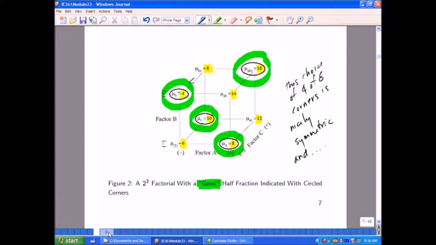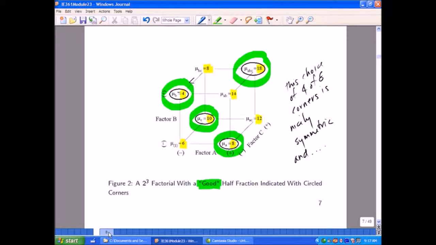In particular, what about trying to get a handle on the A main effect, having data only from 4 out of 8 of those corners? What I might try to do is to say main effects are face averages minus the grand average.